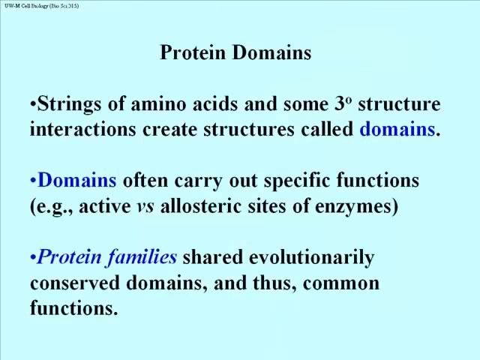In addition to the structures you've seen here, strings of amino acids and even some 3-dimensional structure interactions create structures that we call domains. Originally, they were defined as functional domains, that is, regions of the polypeptide that perform an identifiable function. So, for example, the active site of enzymes would be a domain.